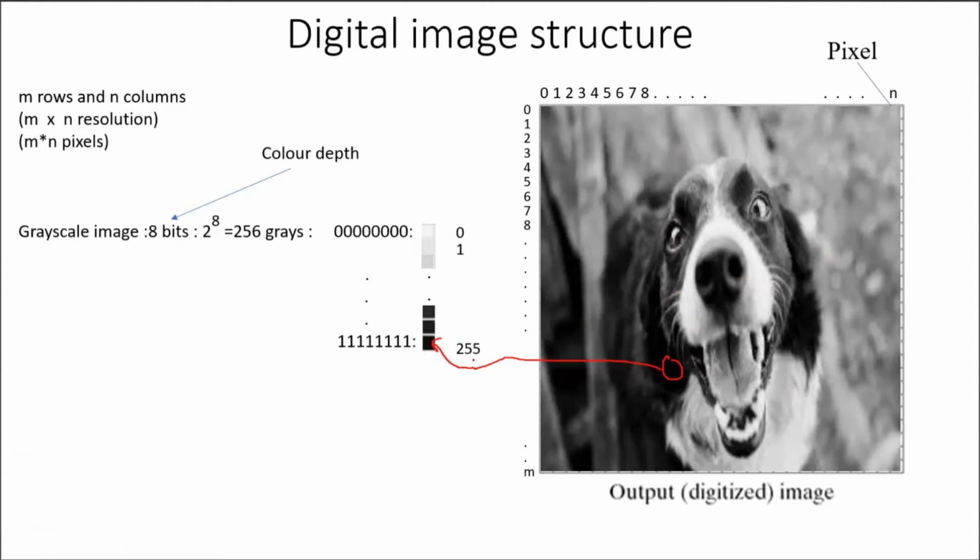And this one, white, we consider somewhere around here. So 0 here is what it means. The pixel here has the number 0, meaning it is white.